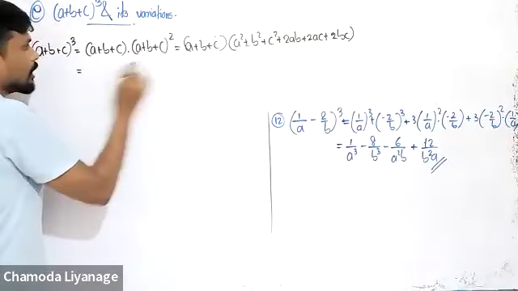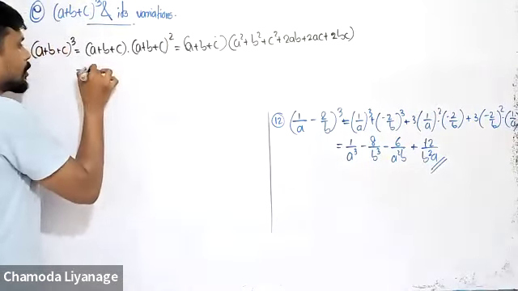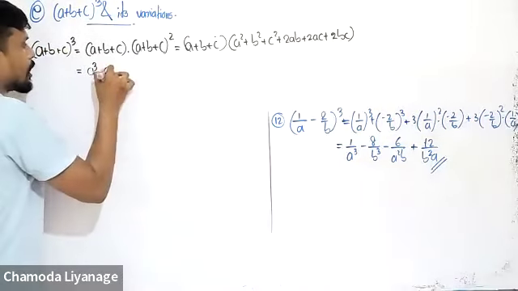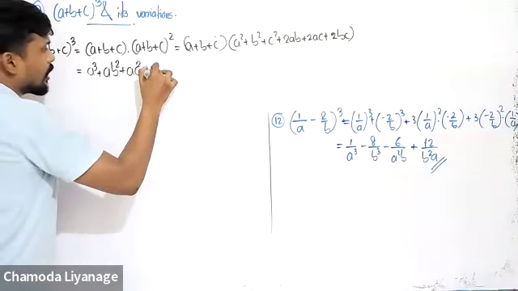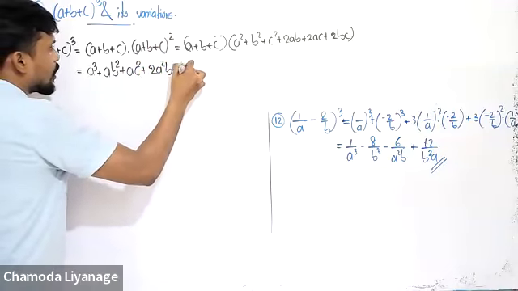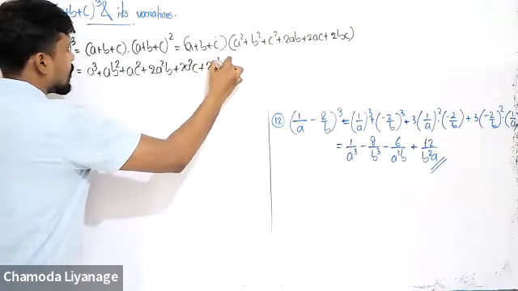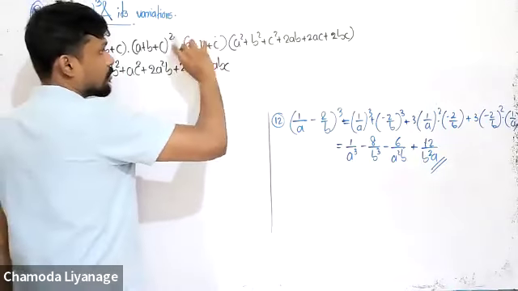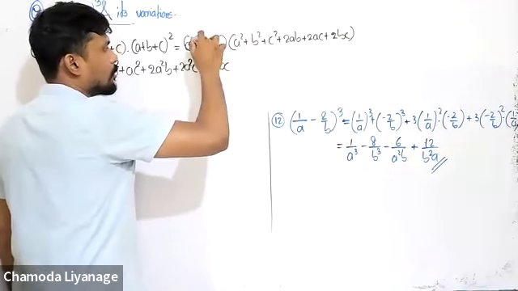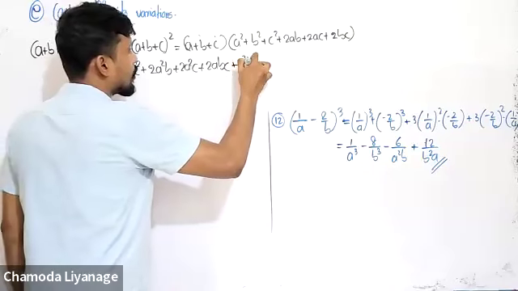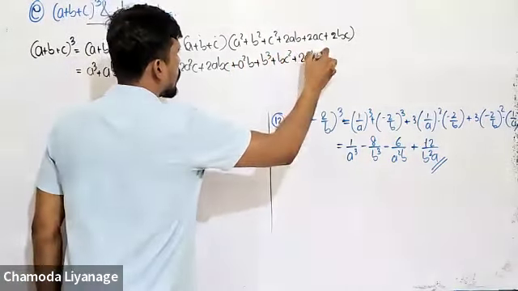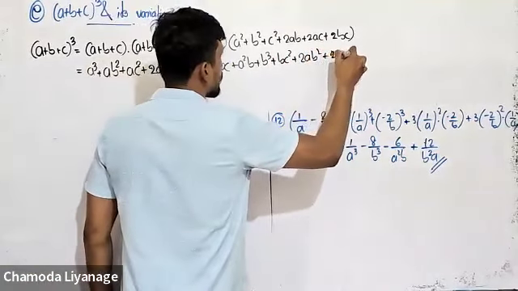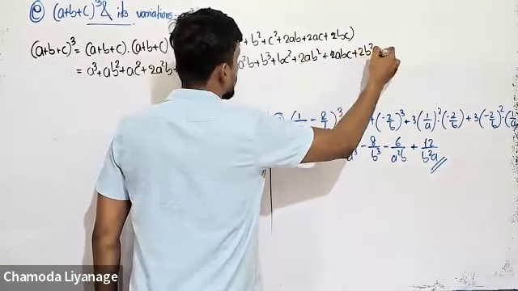So a into a squared, it is a cube. A into b squared, ab squared, ac squared. I will write them. 2a squared b, 2a squared c, 2abc with a. Now with b, we'll get a squared b, b cube, bc squared, 2ab squared, 2abc, 2b squared c.